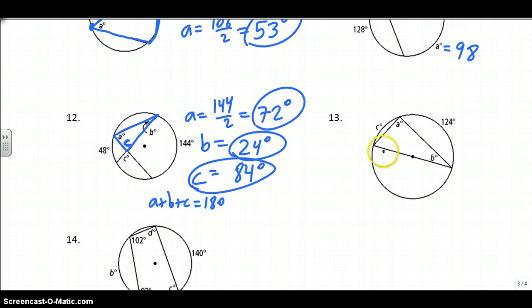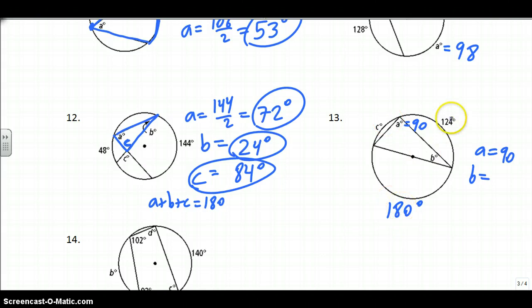Number 13, we've got another triangle here. I notice this is a semicircle. They will try to throw semicircles at you a lot, which means this arc measures 180 degrees. That means A is half of it, because A makes that arc, so A is 90. B is going to be half of C, so I might as well find C first.